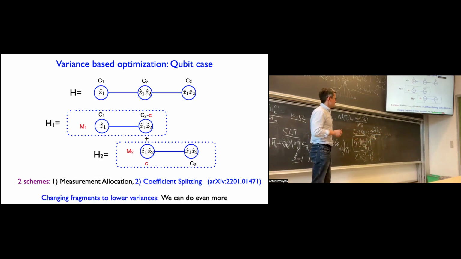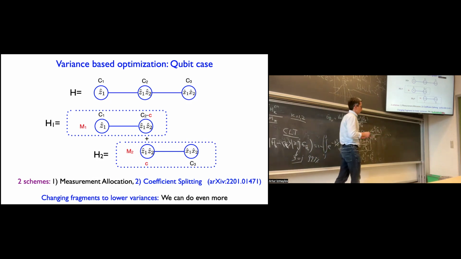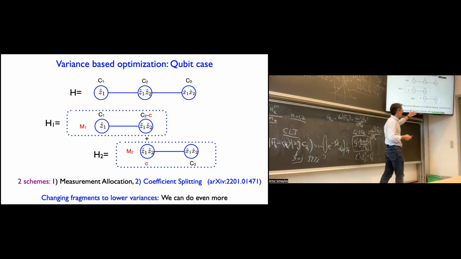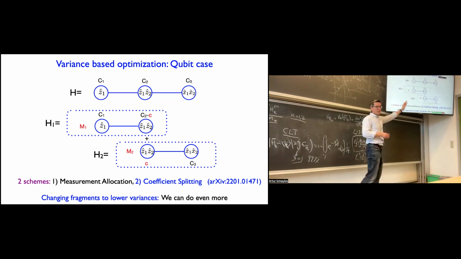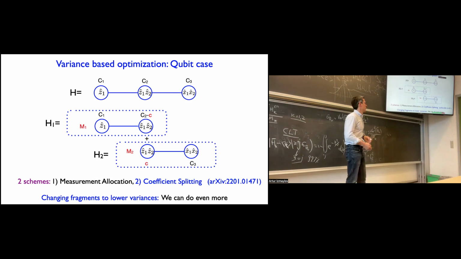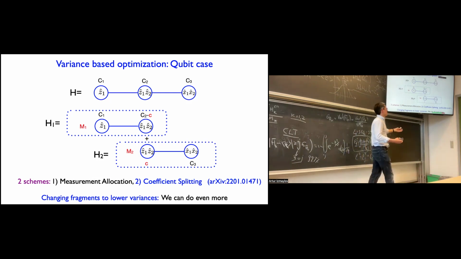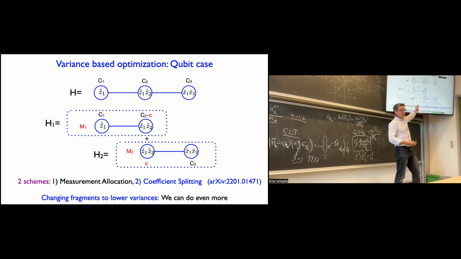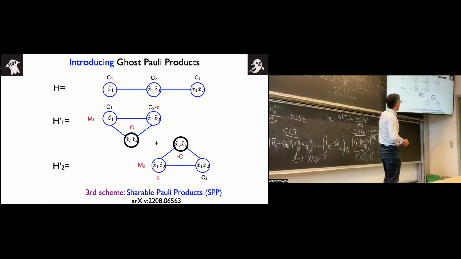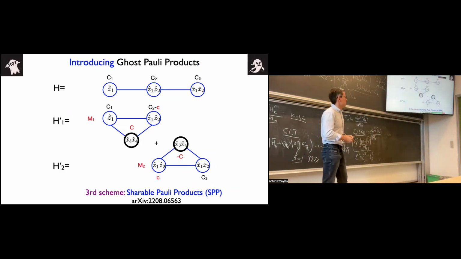But okay, changing the fragments to lower variances, it turns out we can do even more than just splitting the coefficients of those Paulis which can be shared. Why not introduce Pauli products which are not even in the Hamiltonian? We call them ghost Pauli products, right?